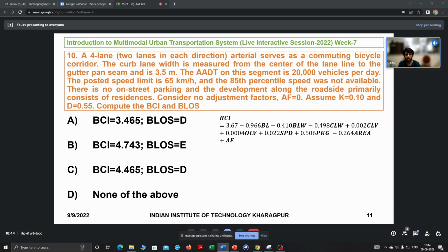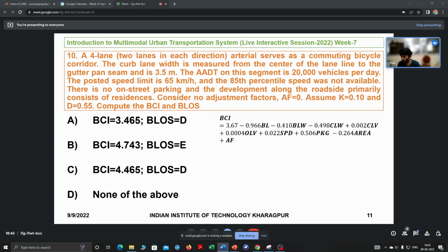If I have the peak hour volume, then for the curb lane volume, I need to divide it by 2 only, because there are 4 lanes. 20,000 into 0.10 into 0.55, then 1100 by 2. So your CLV will be 550, and your OLV would be 550 only, because it is just divided by 2.